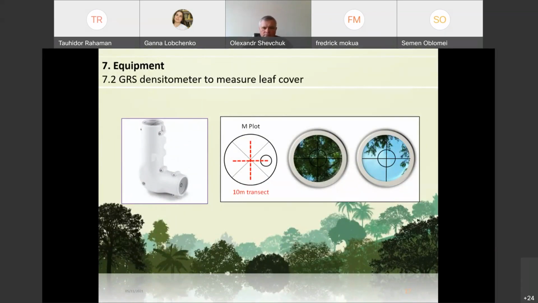After every 1 meter, we took a measurement, like we can see in the diagram. If the diagram is covered more than 50%, then we count it as a 1. And if it is less than 50, then we count it as a 0. And this is how we can calculate the exact percentage of our leaf cover.